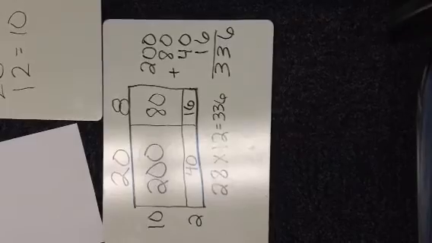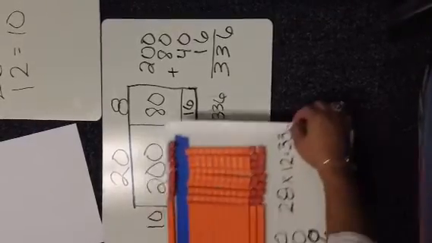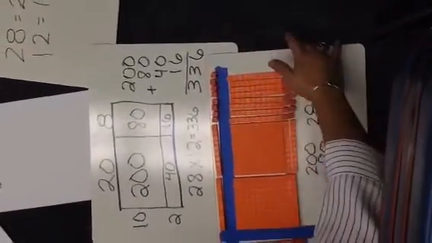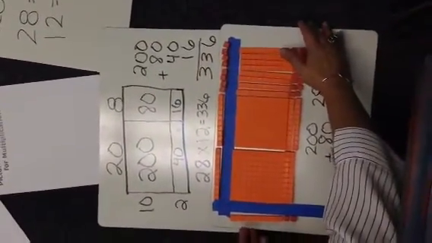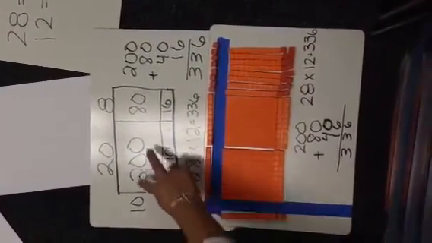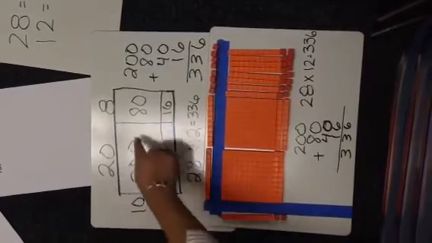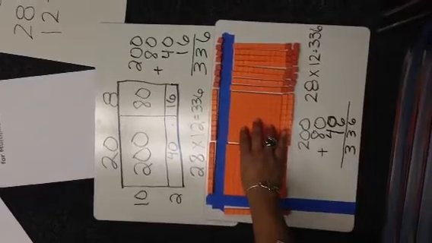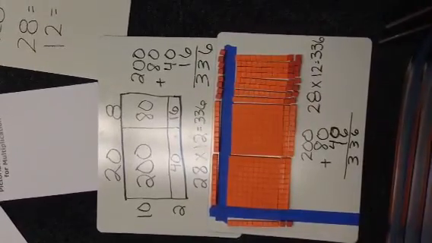Now, let's look at how similar these models are. In our pictorial representation, we have 200, which is represented here with our 200 flats.